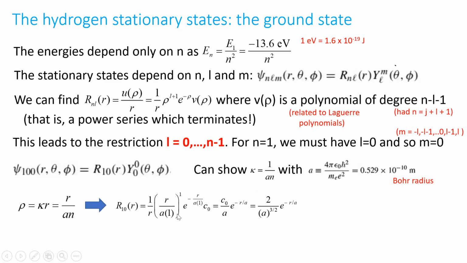We have 1 over a times C naught, so C naught over a times e to the minus r over a. Okay? And then normalizing that, it just turns out that C naught is 2 over the square root of a. So multiplying that by 1 over a, we get 2 over a to the 3/2. So that's the normalized radial function here.